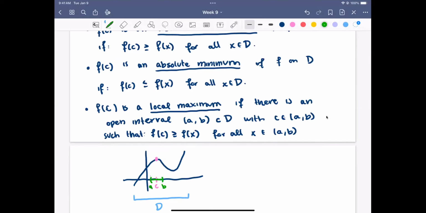Okay, so if we look across this interval A to B, f of C is the largest value that the function attains on that interval. Okay, are there questions?